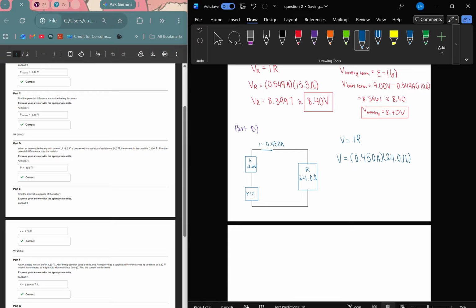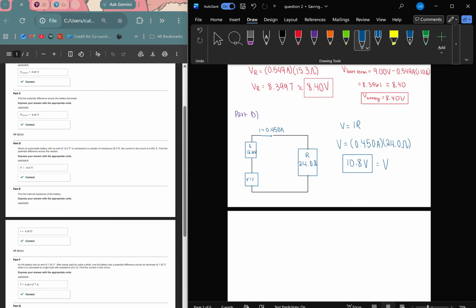Let's put it in my calculator. 0.450 times 24.0. Okay, so the answer I got is 10.8 volts. So the potential difference across the resistor is 10.8 volts. Let me write that note.